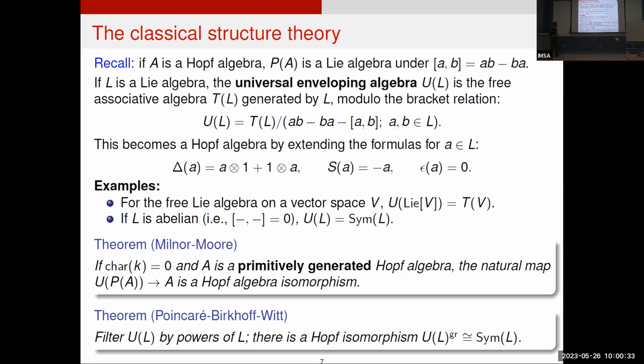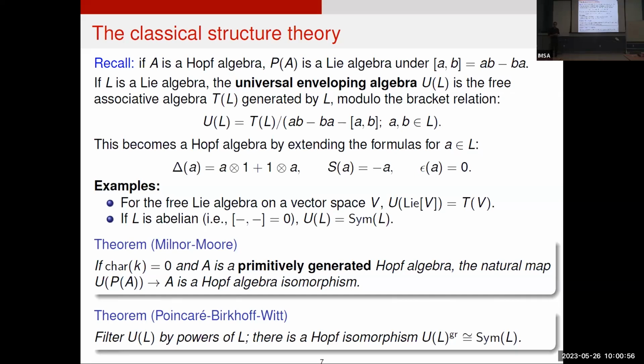So the theorem of Milner and Moore is that if I'm working in characteristic 0, these two operations are inverse to each other. So if A is a primitively generated Hopf algebra, there's a natural map from the enveloping algebra of the primitives of A to A, and this is an isomorphism of Hopf algebras.